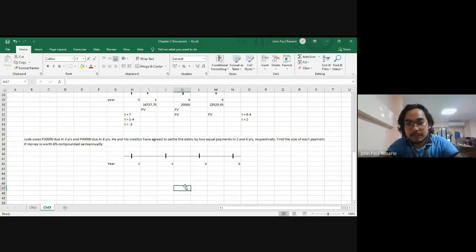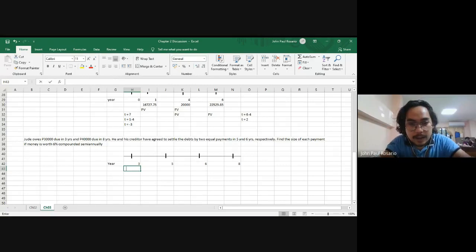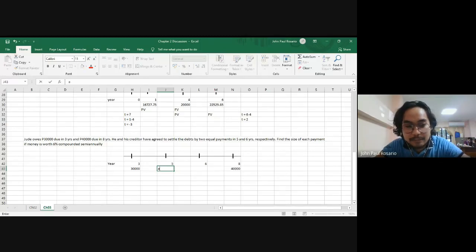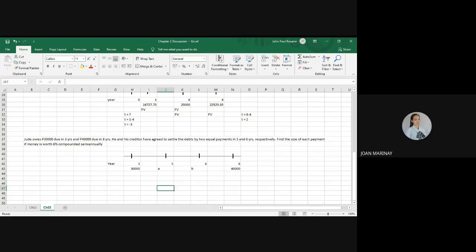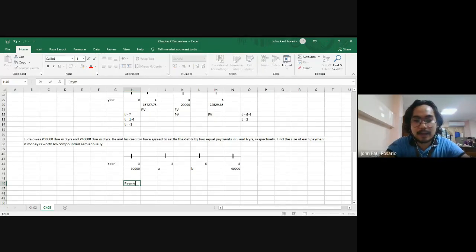Now guys, are you following? Yes, sir. At year 3, 30,000 is due. At year 8, the due amount is 40,000. Now, our unknowns are payment A and payment B. Since they are equivalent values, the total payments is equal to the total liabilities.